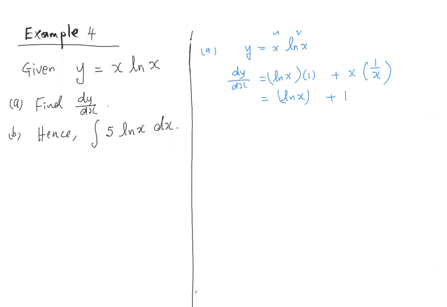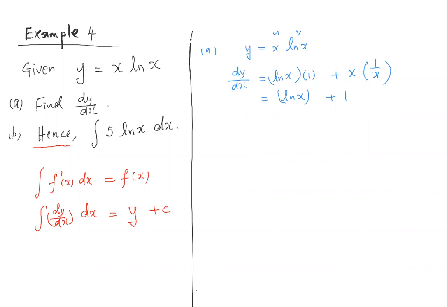Because of the word hence, you are using this concept. I write again: the integral of f prime x dx will give you f x. Or in our case, the derivative function dy dx, you integrate with respect to x, you get back your y. Then you put a plus c at the end only.